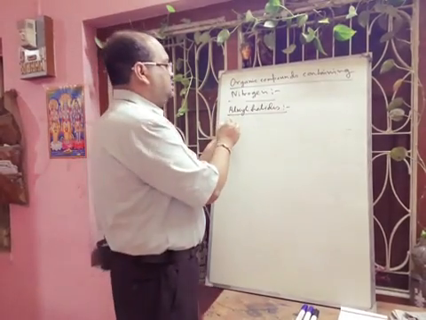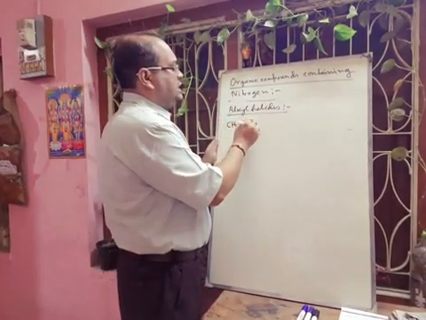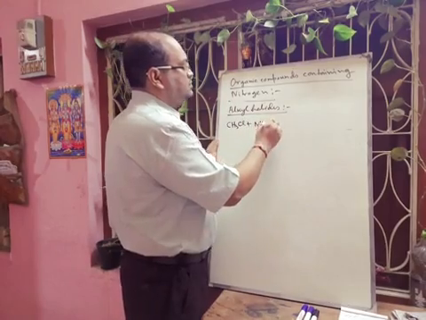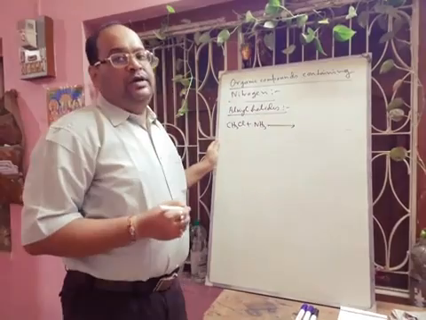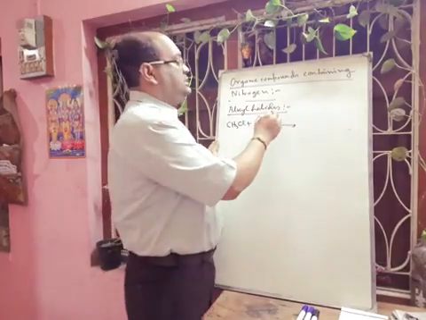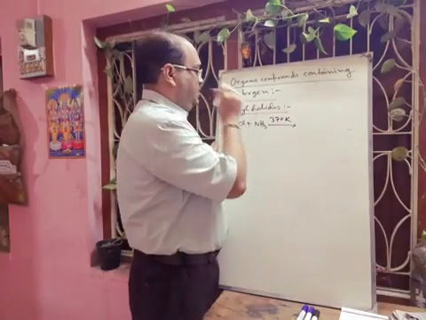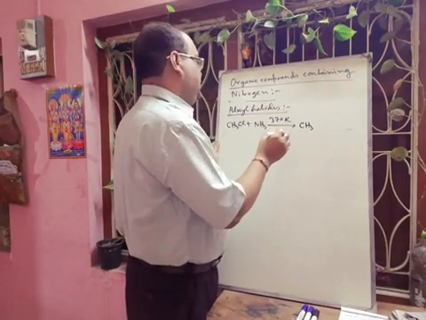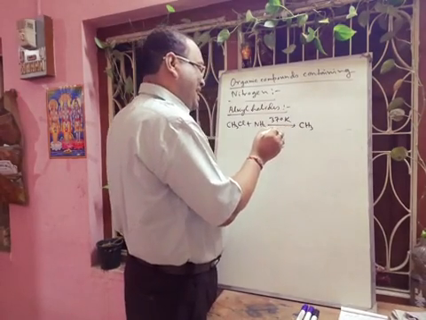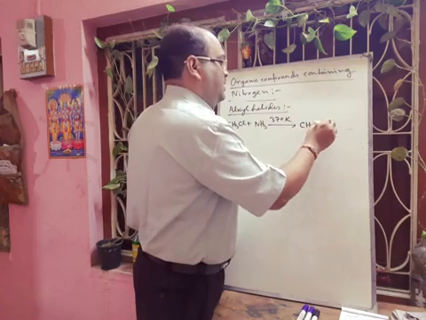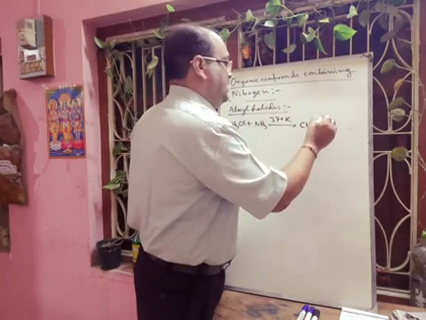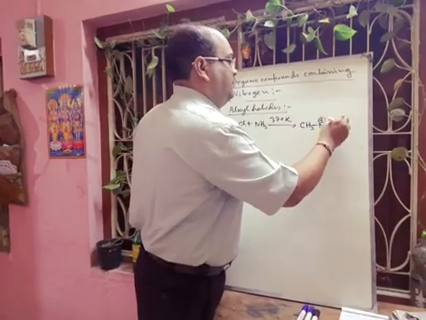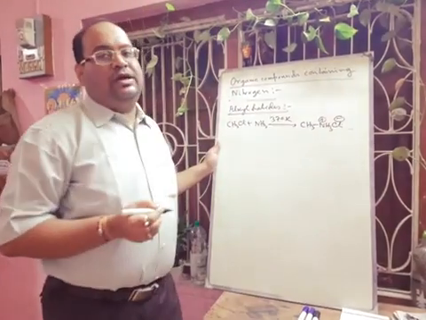So here suppose we are taking CH3Cl and ammonia. Okay. Here the temperature required is around 370 Kelvin. It will form CH3NH3+ Cl-. Okay.